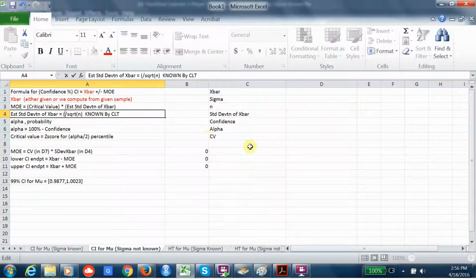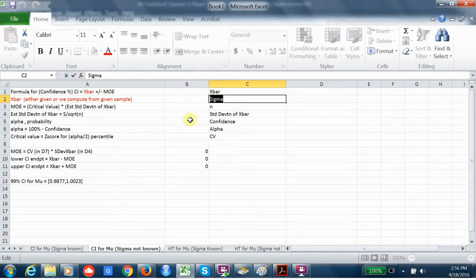So instead of the population, this is now going to be S, the sample standard deviation, divided by the square root of n. This is not known by the central limit theorem, but there is a theorem that's closely related to the central limit theorem that allows you to prove this. So I have to change a few things, okay? So this is going to be my sample standard deviation, and then this will be the estimated. Okay?